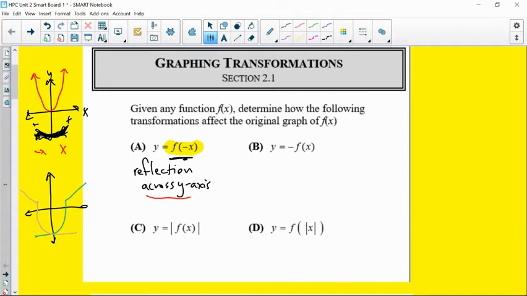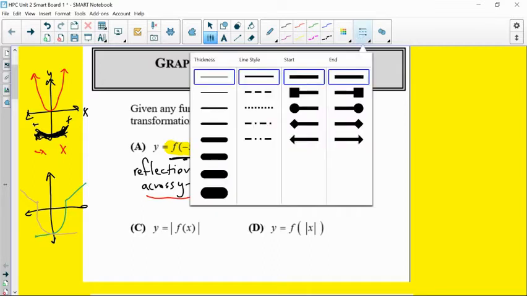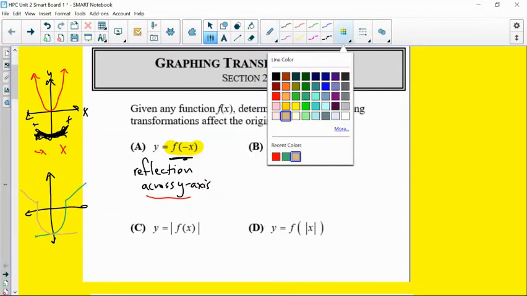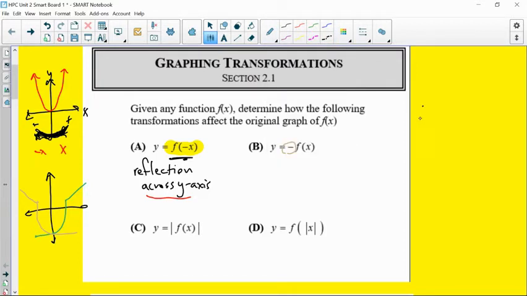Now, if the negative is outside the function, think about what that's doing. That's making all the y values their opposites. I shouldn't say negative, that's misleading.